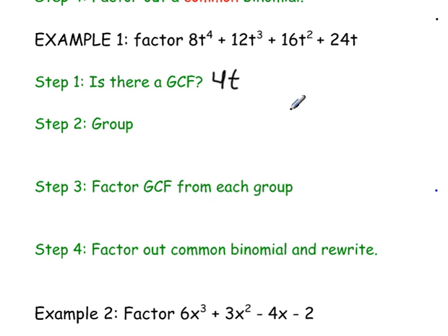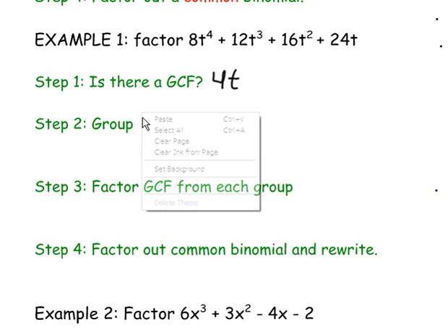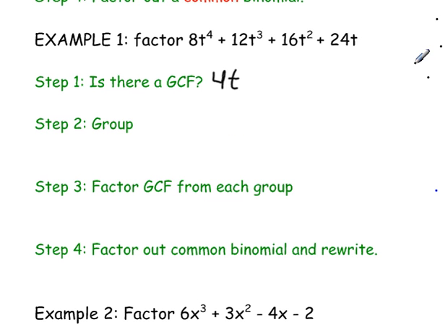Okay, next step. We're going to group. So I'm going to extract this right here. I'm going to look at what remains after I factor out a 4t from each one of those. So I have 4t, and I'll use a big bracket here.